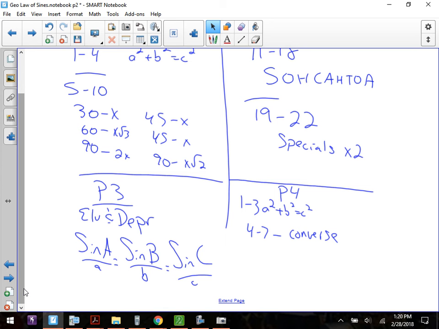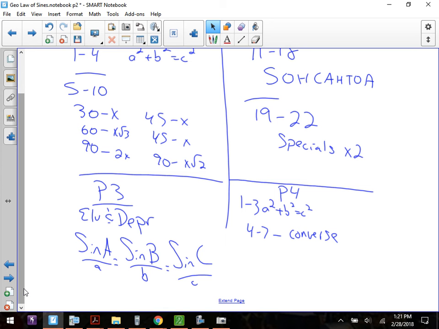So, on the first page, number 2, when you square root it, you square. You did it wrong.